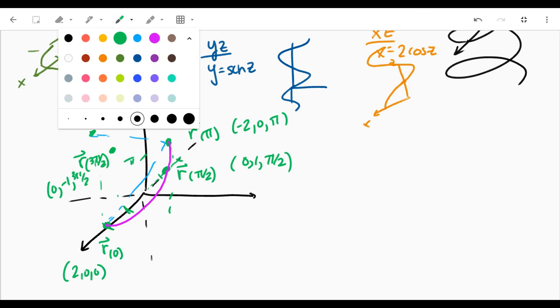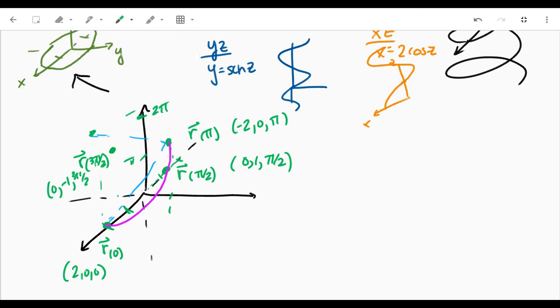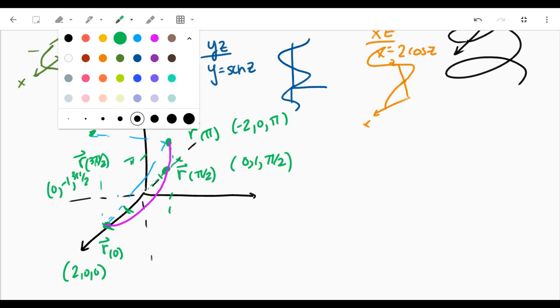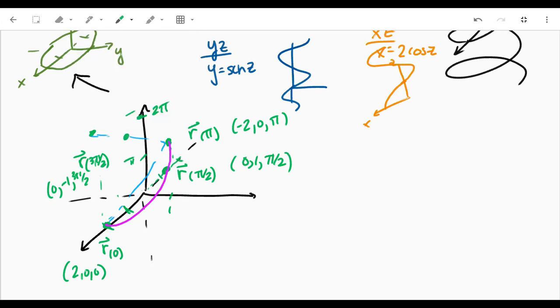and I think my scale's probably a little bit off here because it should be smooth. Here's what I'm going to do. Put this one up a little bit more. It should be above. Okay, and then this last one, r at 2 pi, had a terminal point of (2, 0, 2 pi).